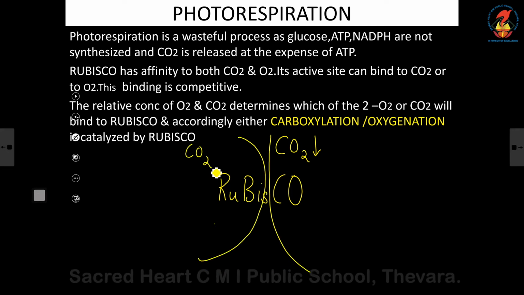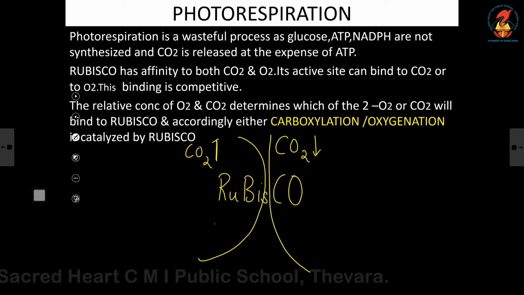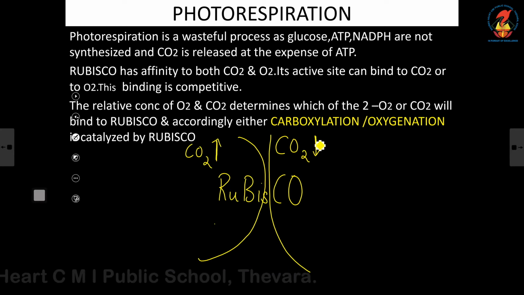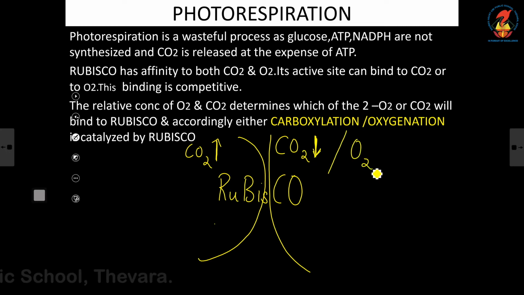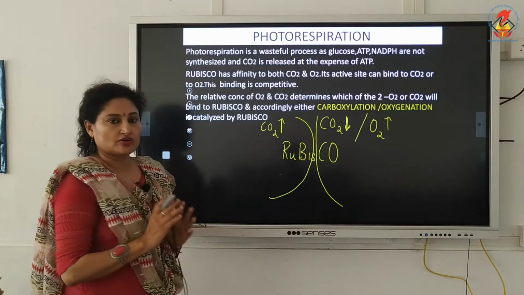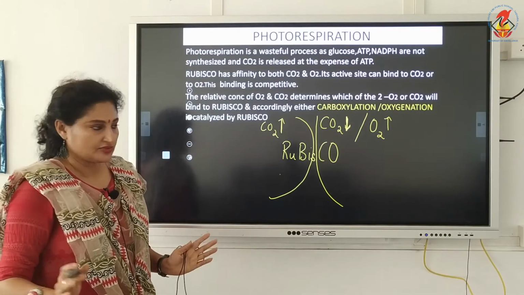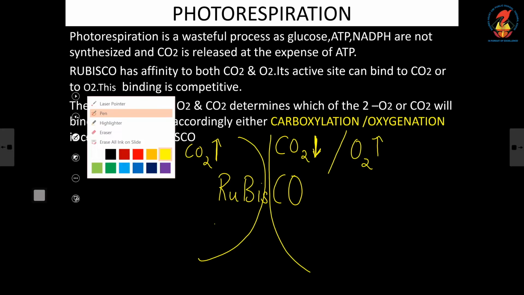So remember the two conditions: high carbon dioxide concentration here and low carbon dioxide concentration here. Or you can talk in terms of oxygen, high oxygen concentration. Clear? If the carbon dioxide concentration is high enough, it will catalyze the reaction called carboxylation.